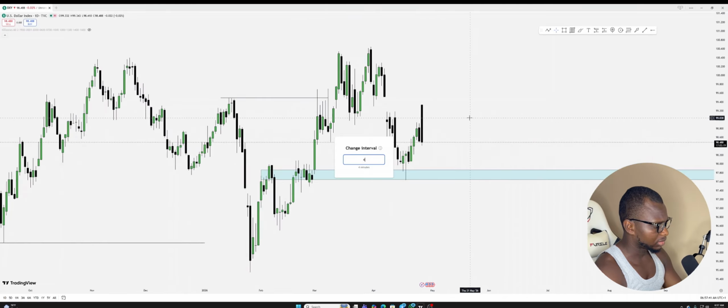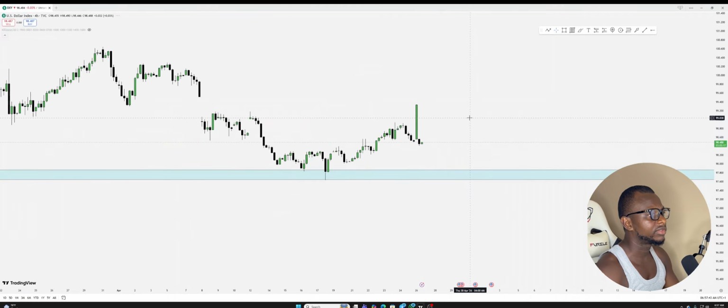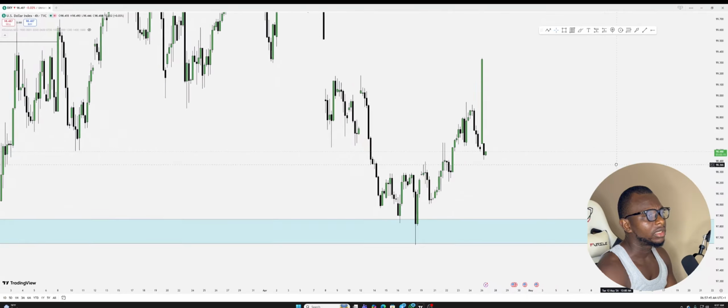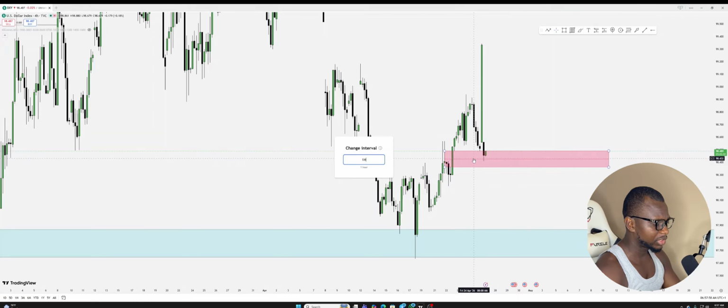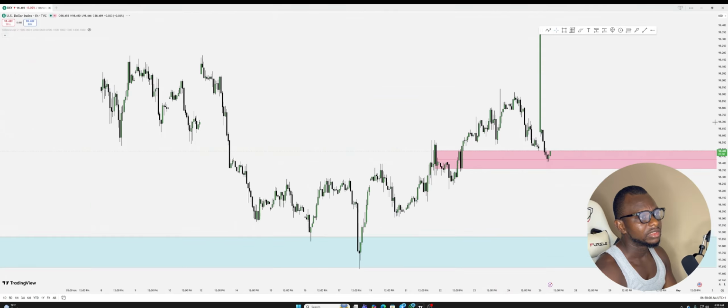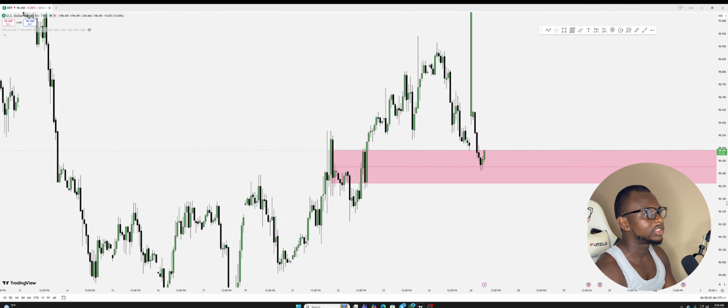Okay, so the 4 hour time frame is exactly what I was expecting for price to trade into this fair value gap. You can see price has traded into that fair value gap, right into the consequent encroachment, which is the middle of that imbalance, and then we're expanding higher.